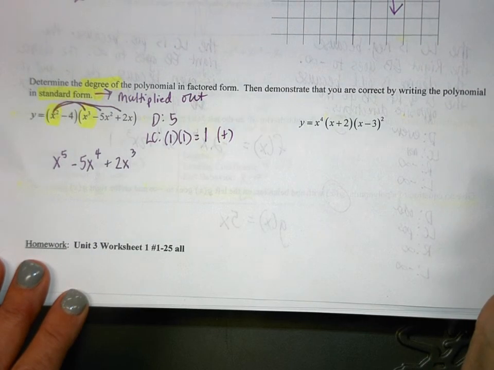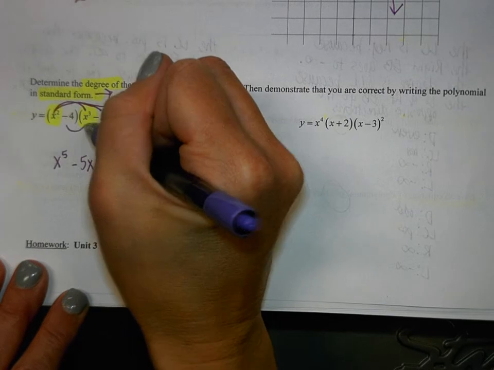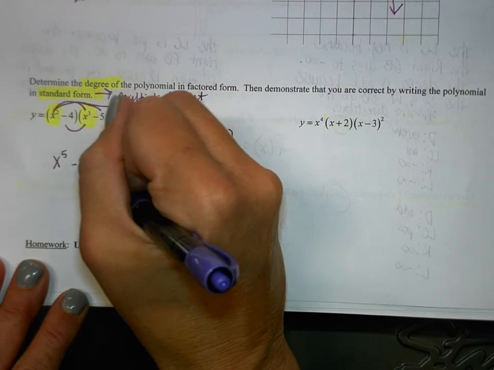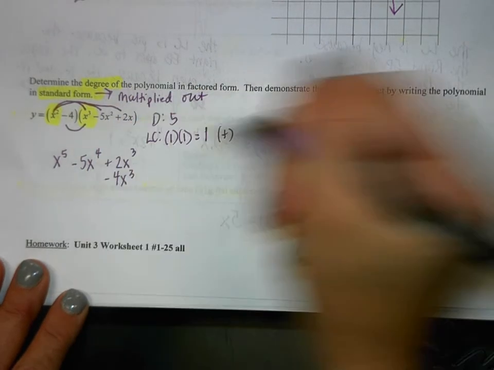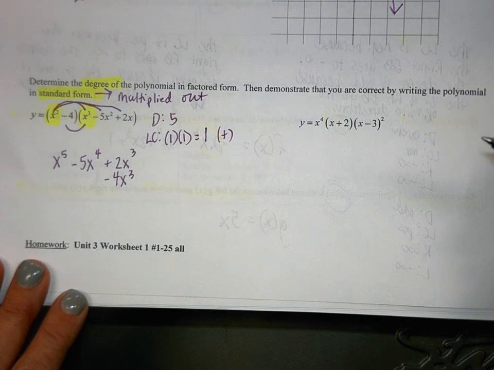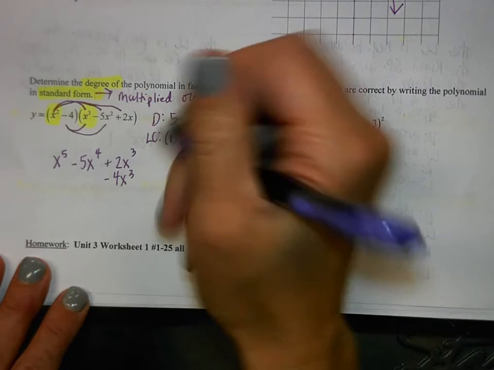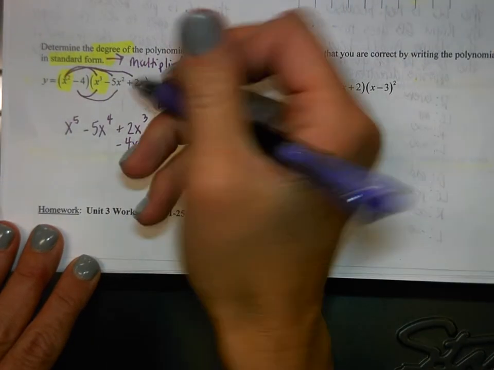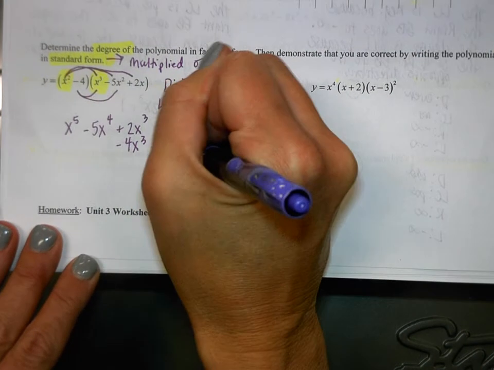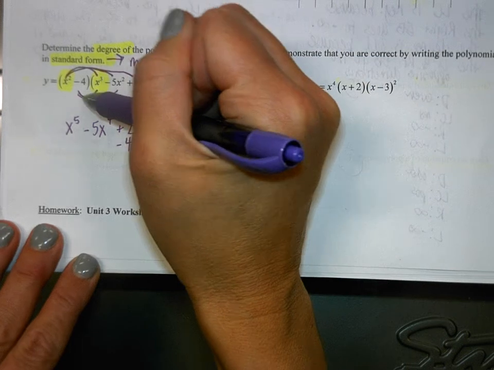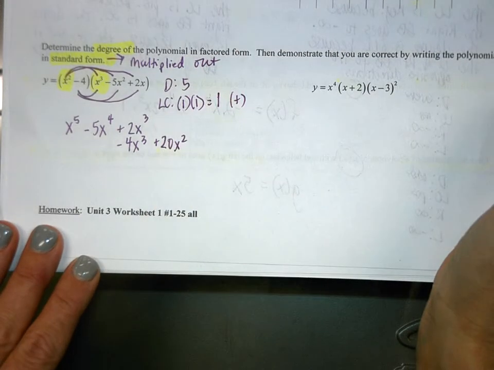Negative 4 times x cubed is negative 4x cubed, and I'm just lining up my like terms. Negative 4 times negative 5x squared gives me positive 20x squared. And negative 4 times 2x is negative 8x.